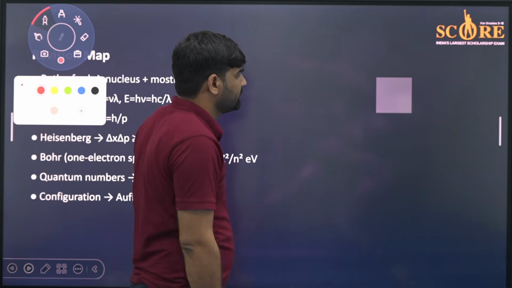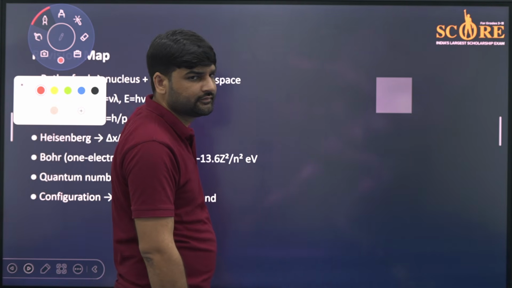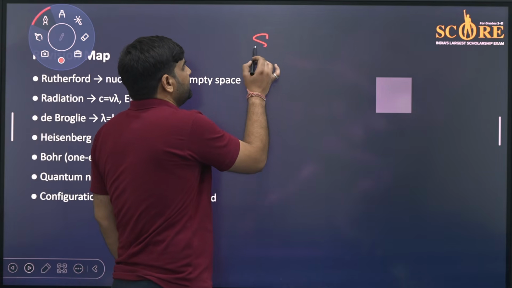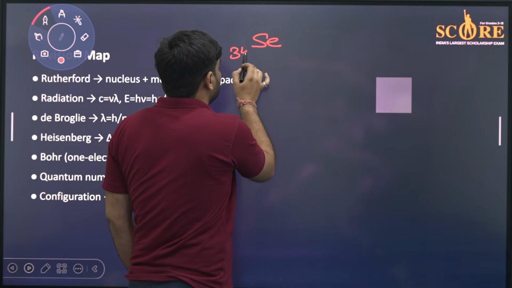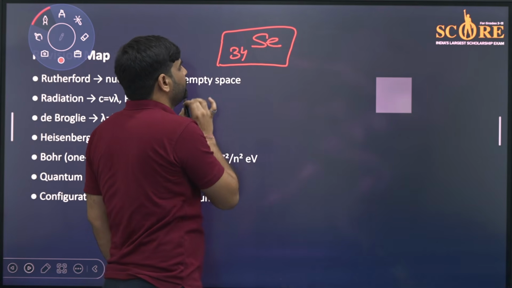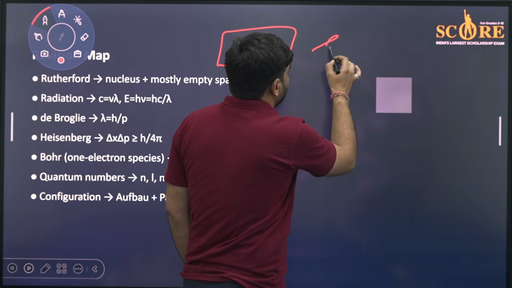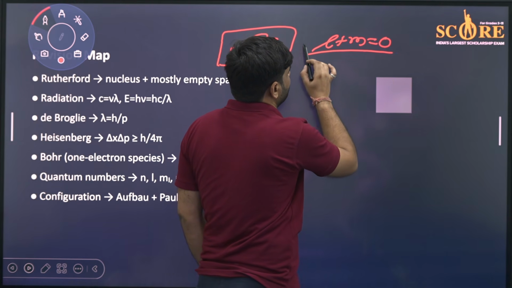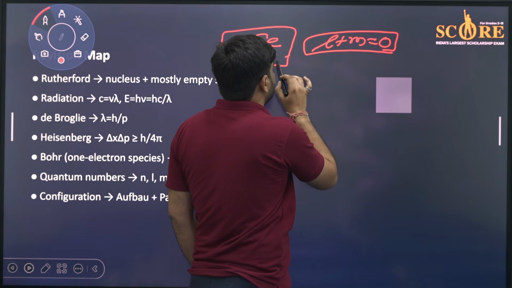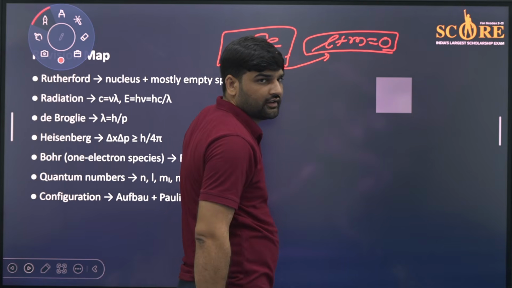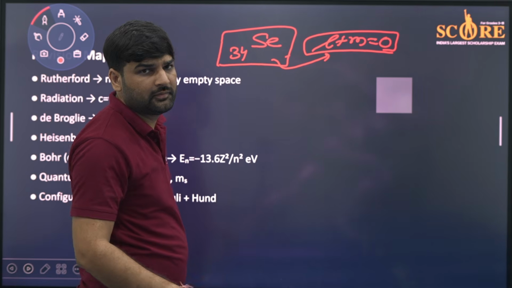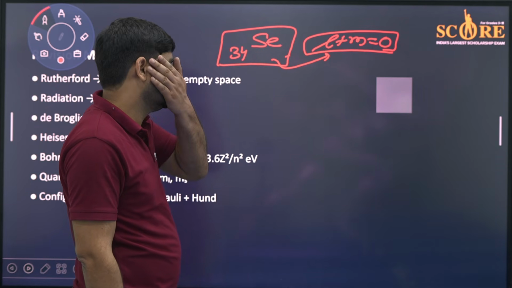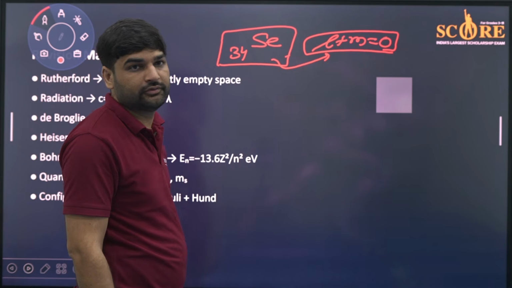Now, next question is what? In selenium, Z is 34, you have to find L plus M equals 0. The minimum and maximum number of electrons satisfying this equation, the minimum and maximum electrons which have L plus M equals 0.